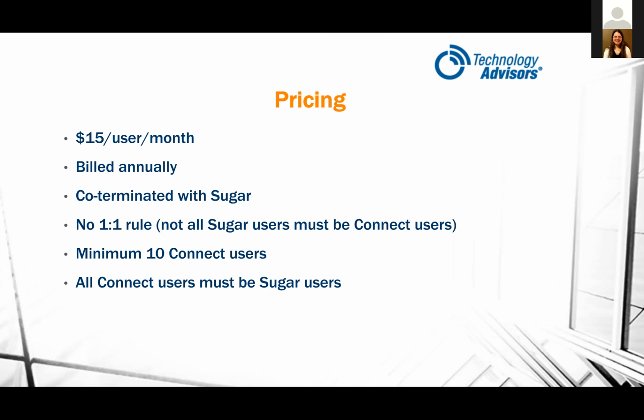So you may have 100 users of Sugar, but only 10 people who want to use Sugar Connect, and you can purchase Sugar Connect for just those 10 users. There is a minimum of 10 Connect users. You can't buy Sugar Connect for just 2 or 3 users. And all Connect users obviously have to be Sugar users because you have to link them with an account in Sugar.